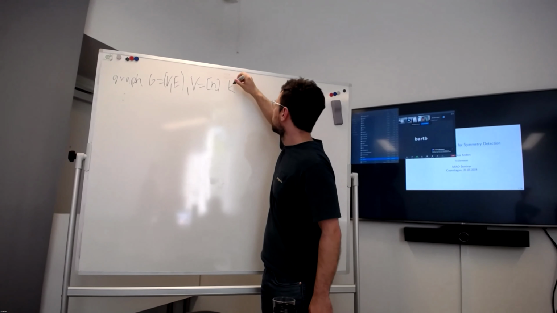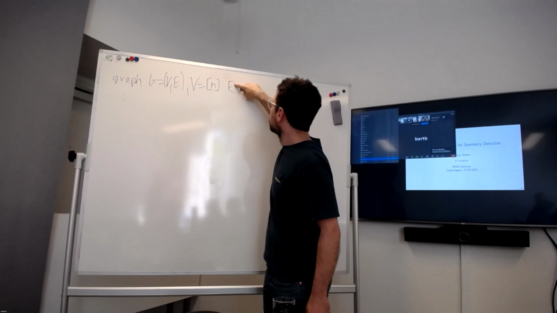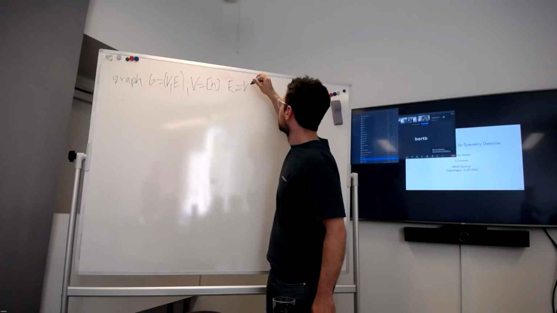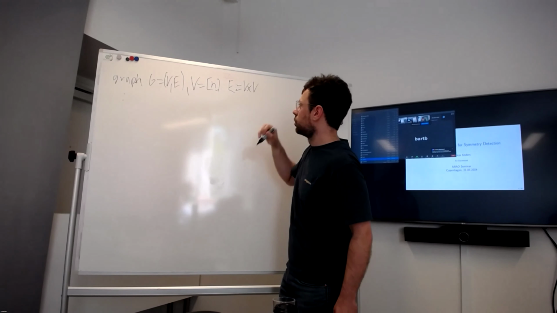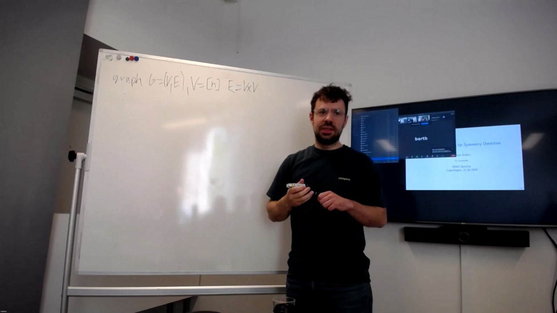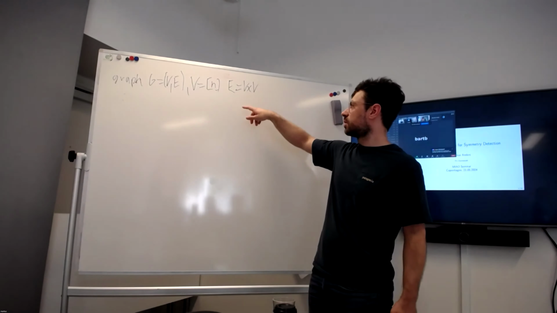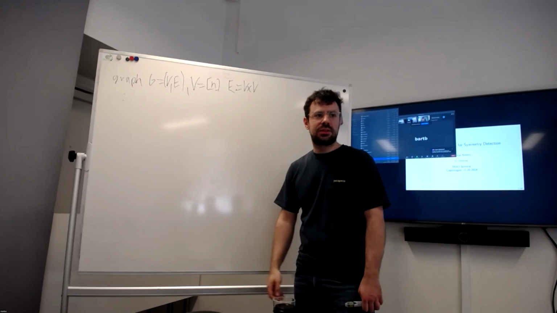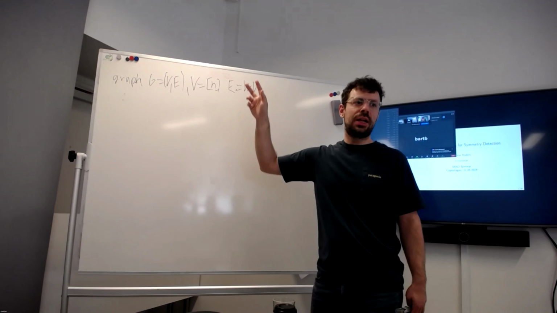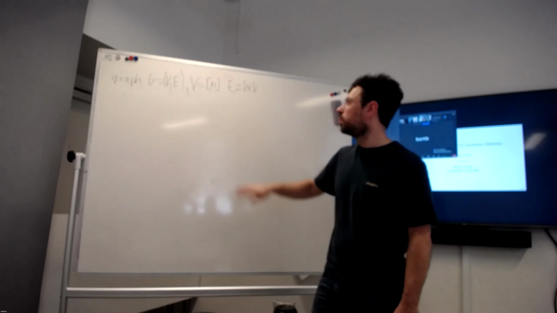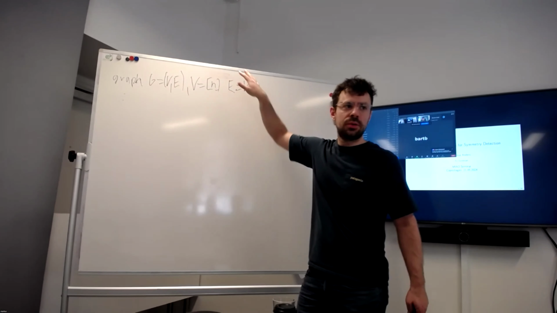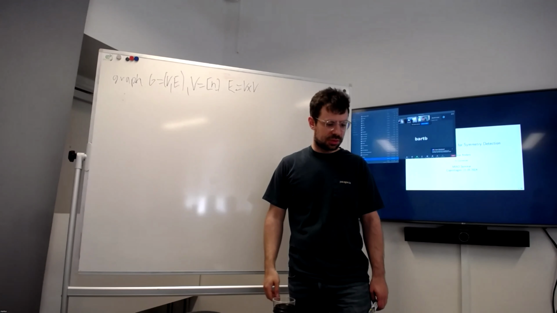And then the edges are just a relation on the vertices. What's not in here is that I'm always going to assume that the graph is undirected, which means this is a symmetric relation. And also, I don't believe in self loops, so there are no self loops in these graphs.